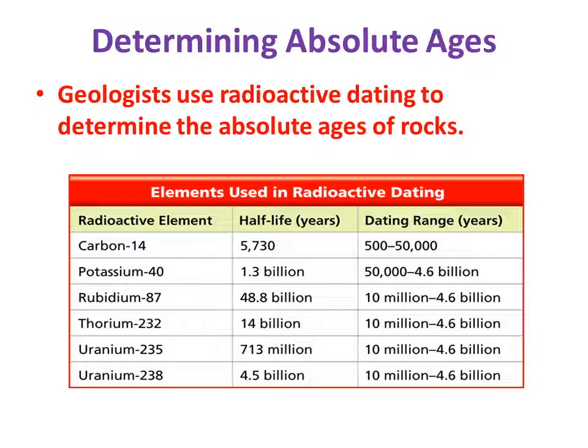The next one is carbon-14 dating. Carbon-14 is a radioactive form of carbon. All plants and animals contain carbon, including some carbon-14.